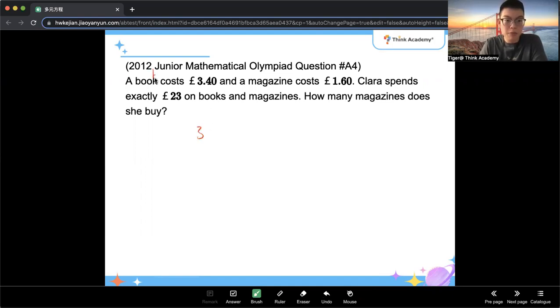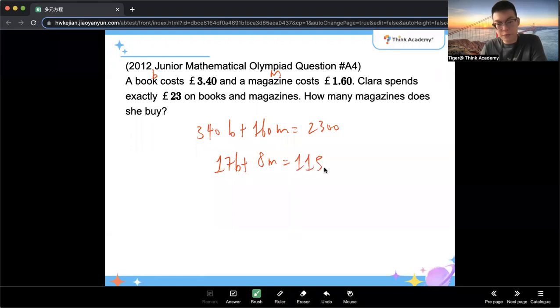Let's say a book is B, a magazine is M. So we have 340B adding 160M equals 2,300. And then I can divide all of them by 20, such that I have 17B adding 8M equals 115.